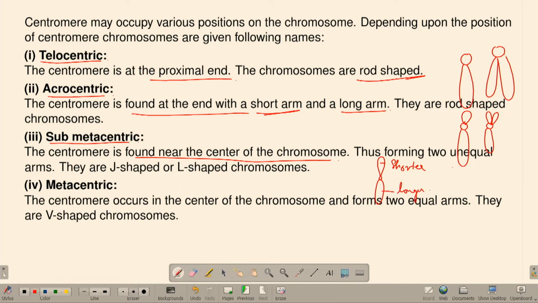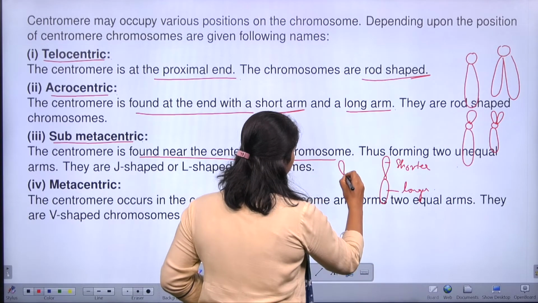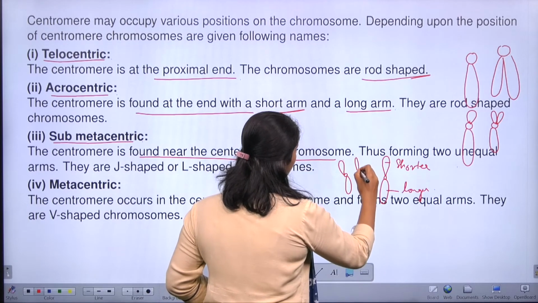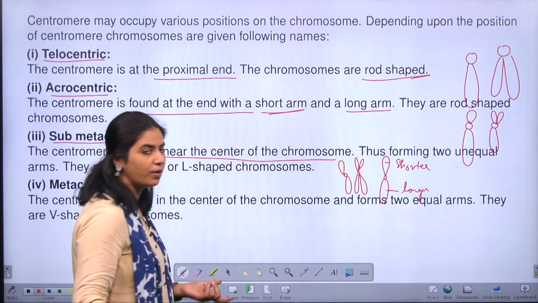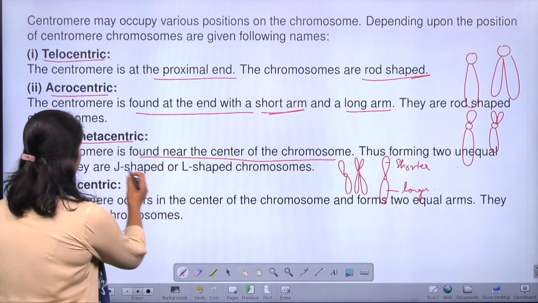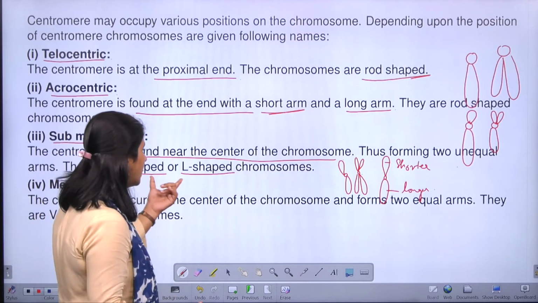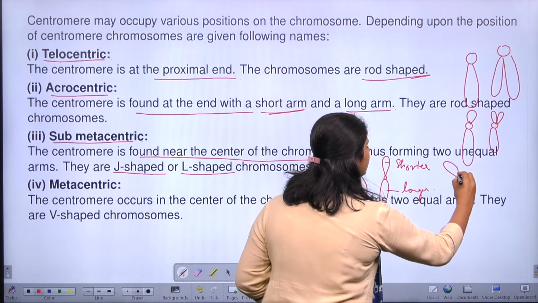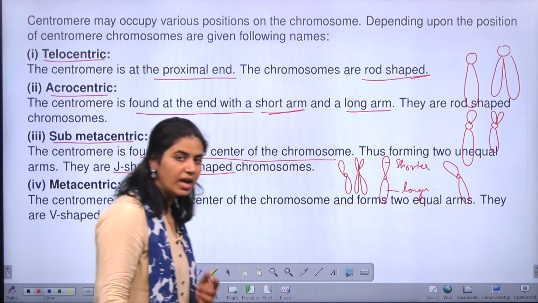This is called submetacentric, or we can draw it like this. It gives a J shape or an L shape, not V shape, sorry, J shape or an L shape.